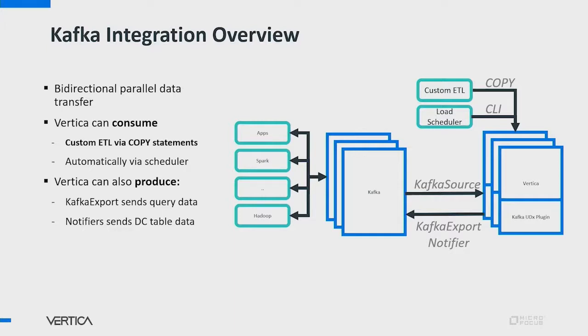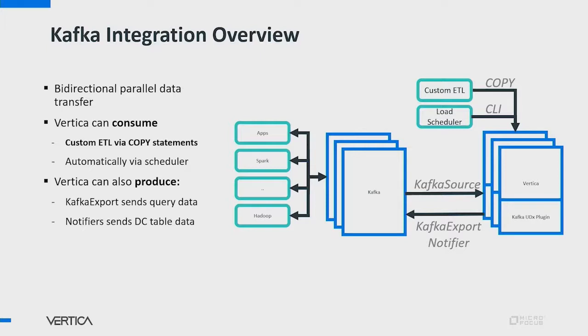When it comes to consuming data from Kafka into Vertica, there are two ways that this can be achieved. One is the manual load mechanism, which is performed by using the SQL copy statement. If you have used Vertica, you definitely know what a copy statement is. This manual method allows us to load a finite amount of data from Kafka.